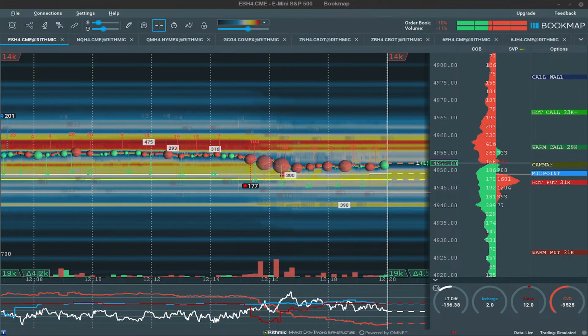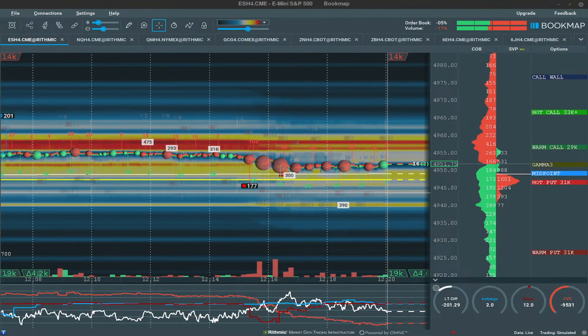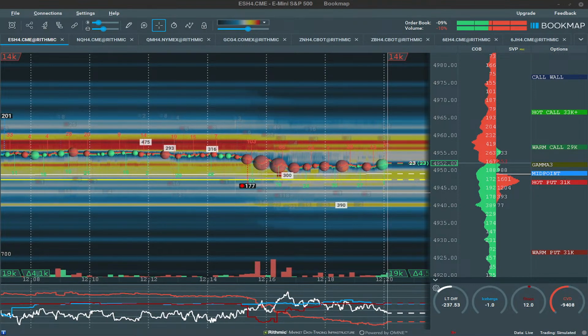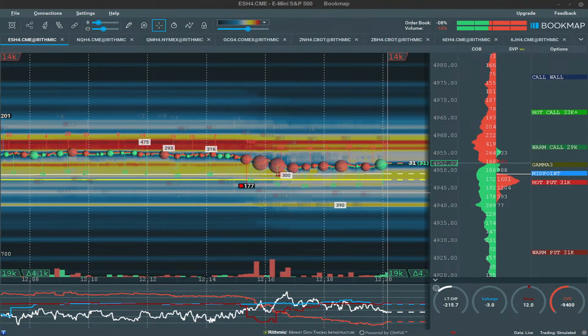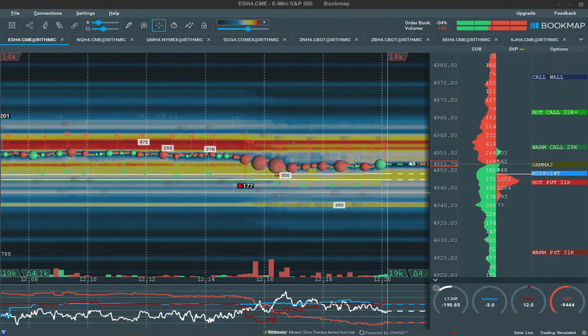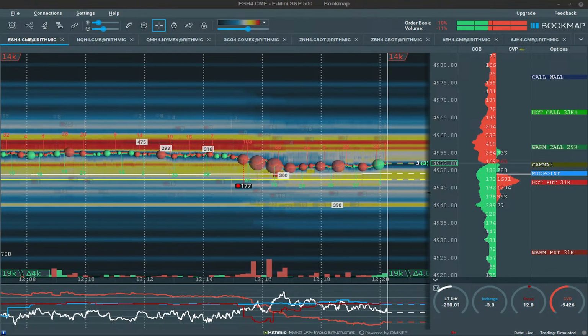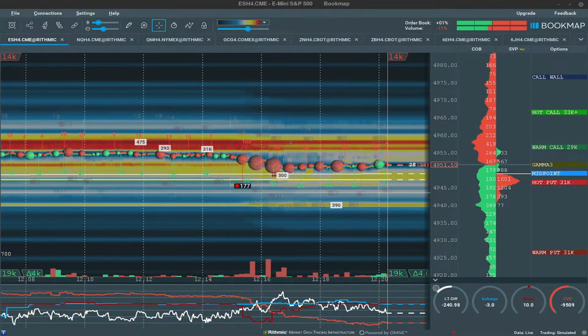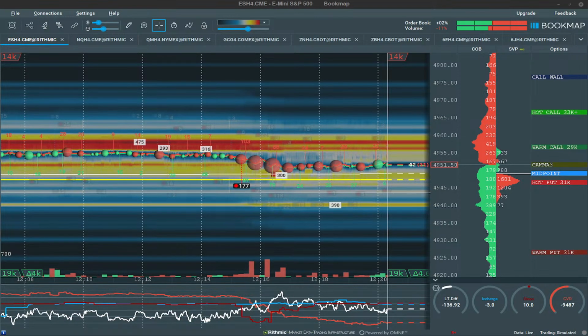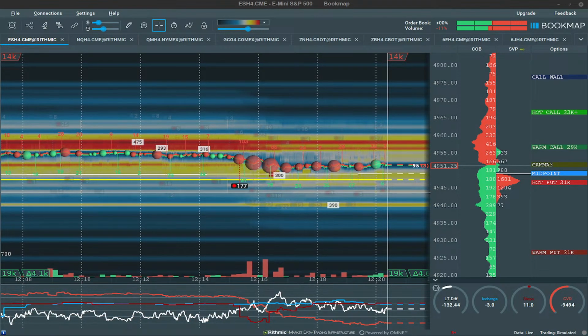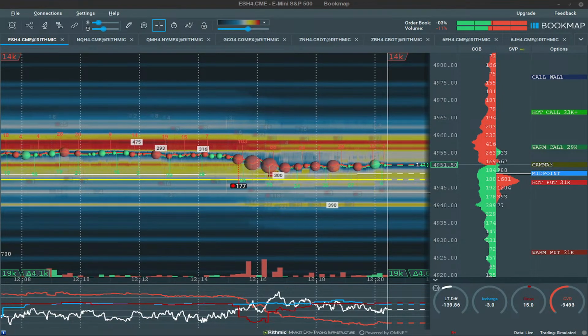So let's talk about the midpoint. What does that mean? The midpoint is the area that balances between the puts and calls, right? So we take those strikes, we find the midpoint between them. And what we're doing is we're saying, okay, volume is relatively balanced, right? They're within 20% of each other. So we're going to create a midpoint to show where price may get magnetically drawn towards.